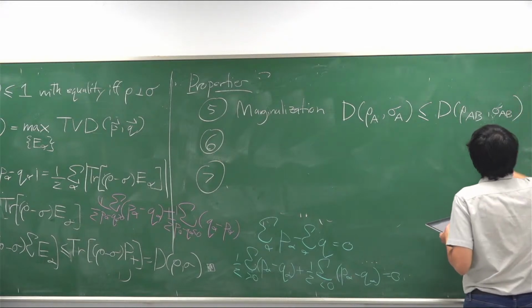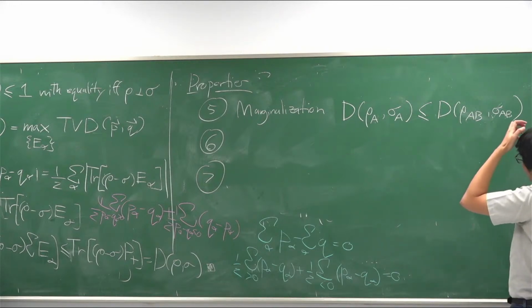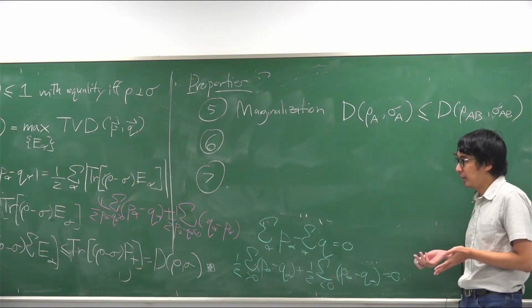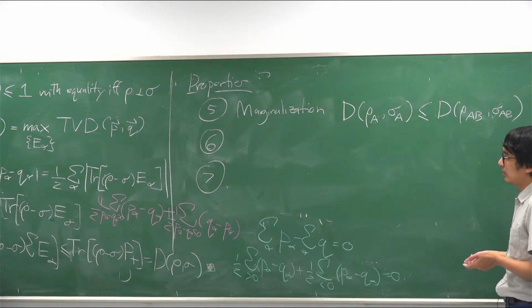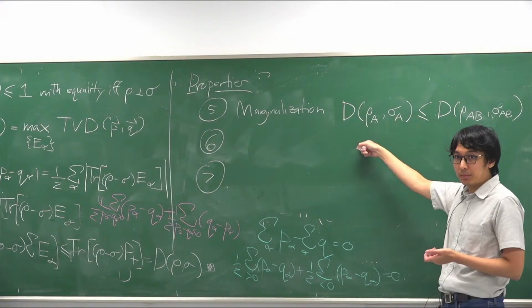If I trace out a subsystem, the distance cannot increase under tracing out a subsystem, and this makes sense. I think it's even true for all quantum operations, which is probably the next property.